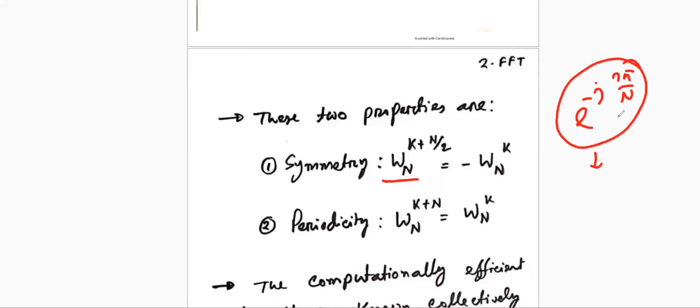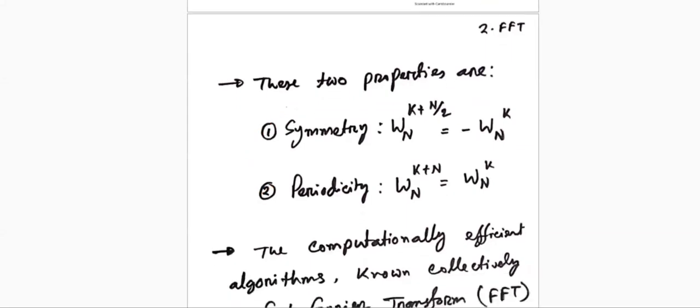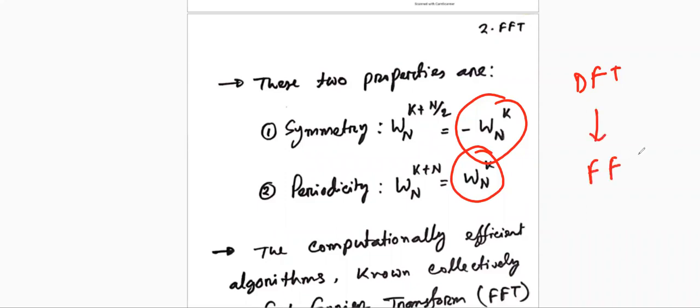So this is a complex term. It has these two properties: one is the symmetry property, another one is periodicity. We can exploit these two properties to make the DFT algorithm faster, and that is known as FFT.